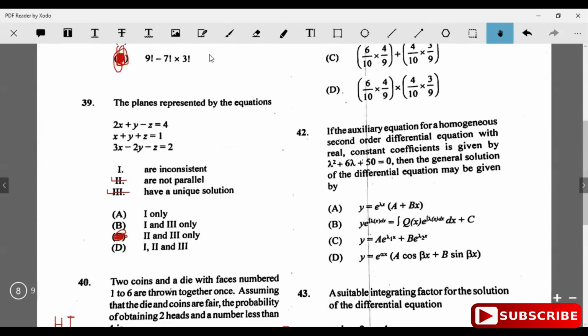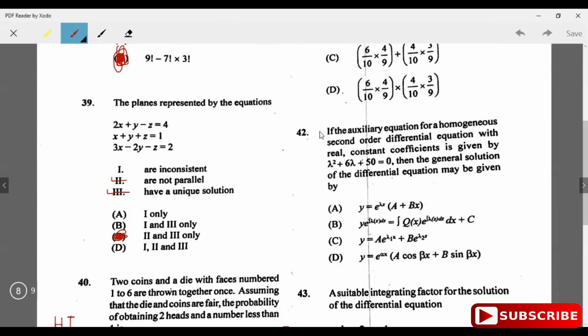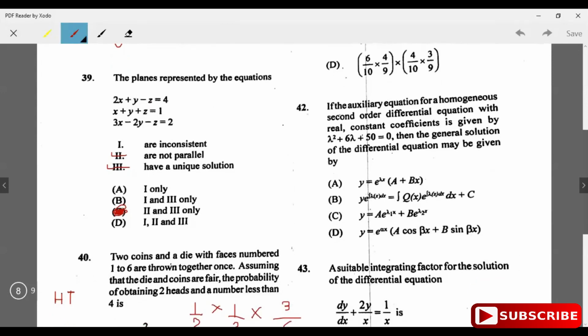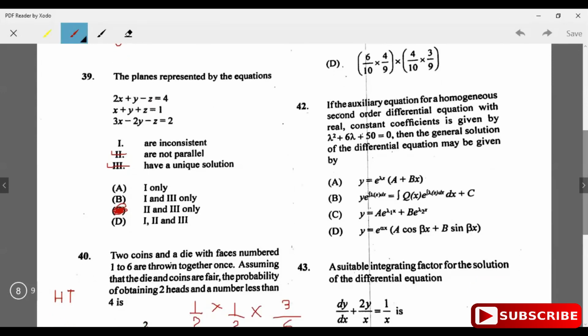Question 42. So you know I'm going to have to work this out. I think it's D. Yes, it's D. So the roots we found had complex roots, so we had to work out what lambda is.